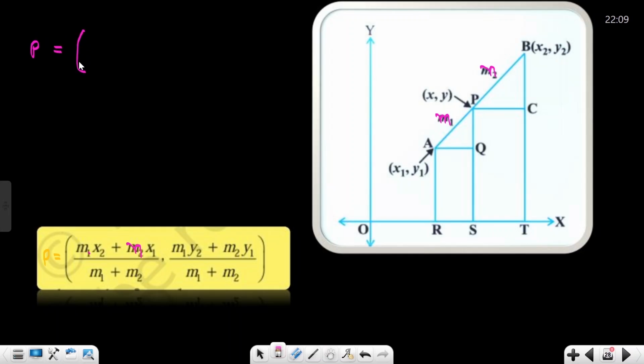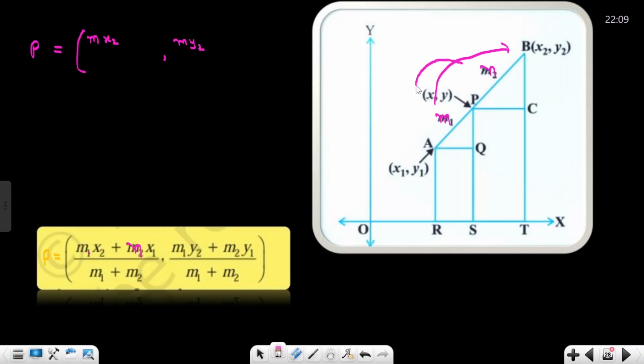This bracket is important. How do I make the formula? m multiplied with both coordinates of B, m into x2 and m into y2.